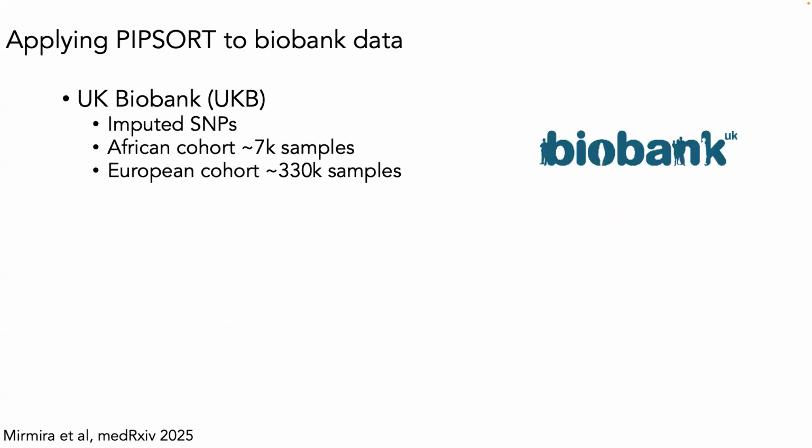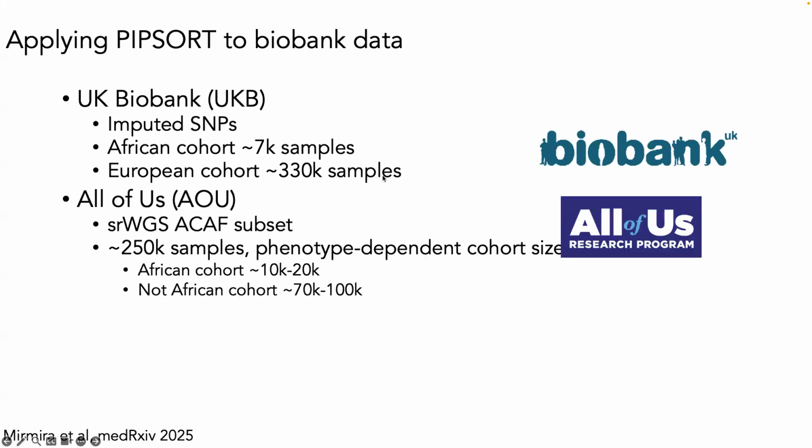Okay, so I want to get now to the real data. We applied PipSort to two different biobanks. One was the UK Biobank, where I just talked about the sample sizes that we have available for these two groups. And then we also applied PipSort to data from All of Us, which is that more diverse data set that I mentioned. This actually highlights a challenge that we have with defining the ancestry groups in All of Us.